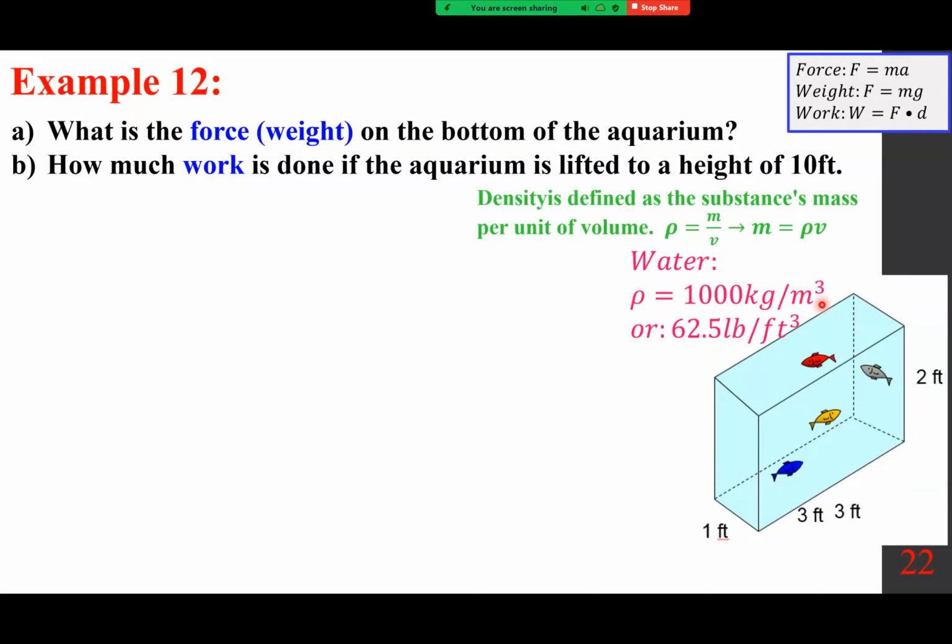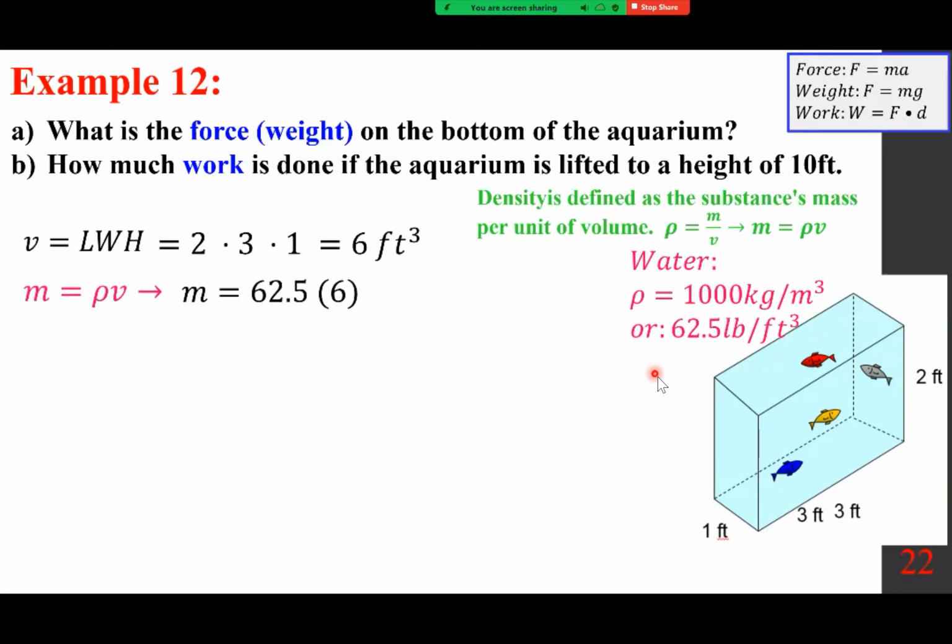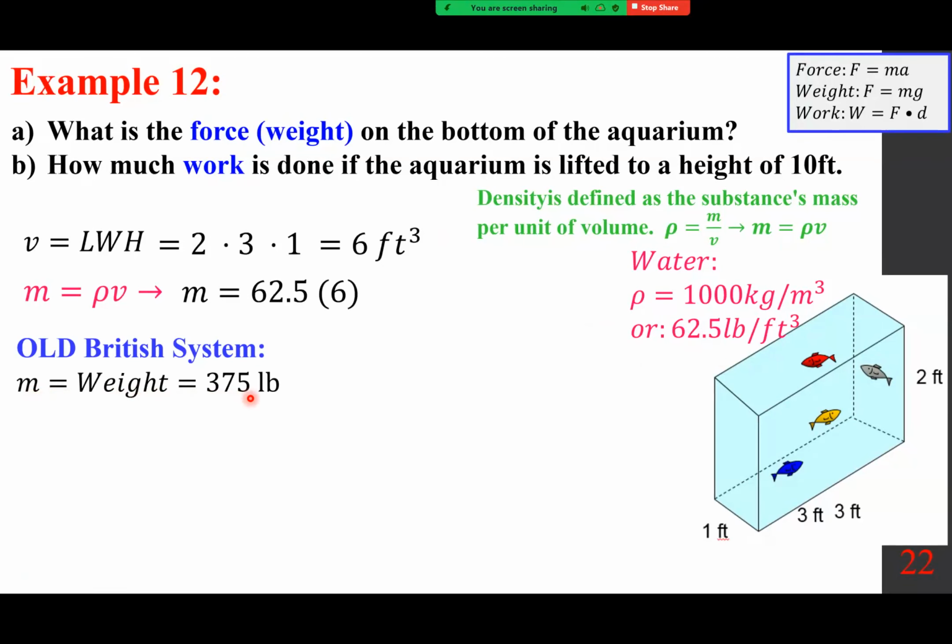Now we need to calculate the volume. So we multiply all the sides, 2 times 3 times 1. This is 6 cubic feet. M is rho times V. So we're going to multiply this by which one? Because this is cubic feet, we're going to multiply by 62.5 because it's using the old British system. And 62.5 times 6 results in the weight of 375 pounds.